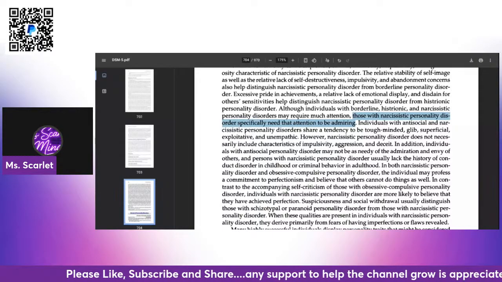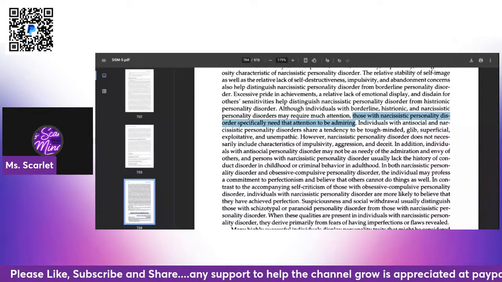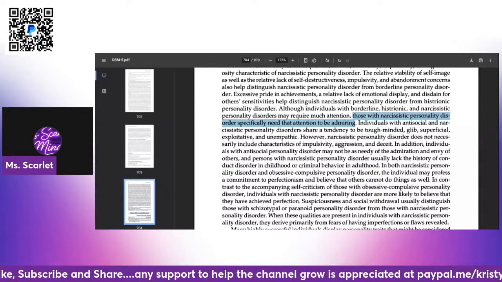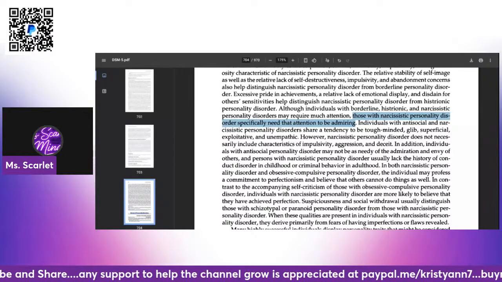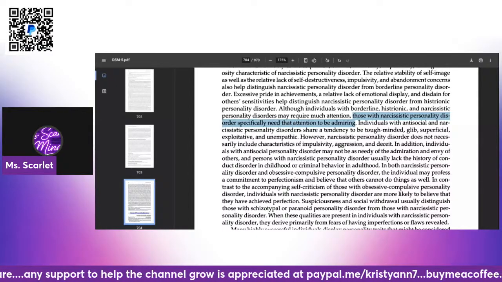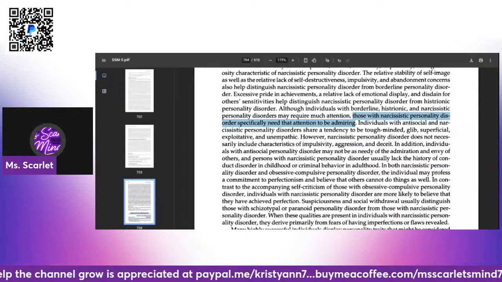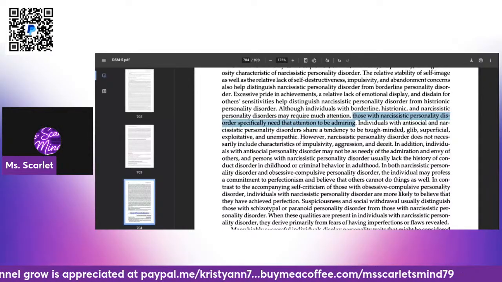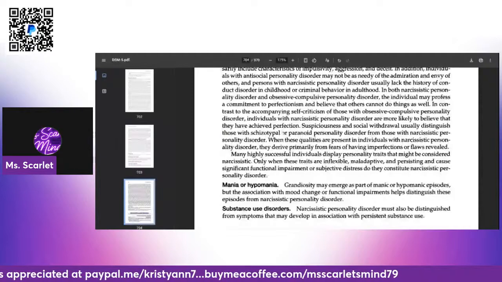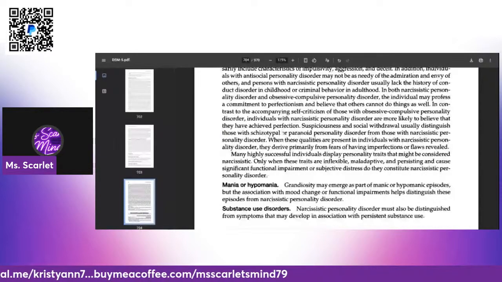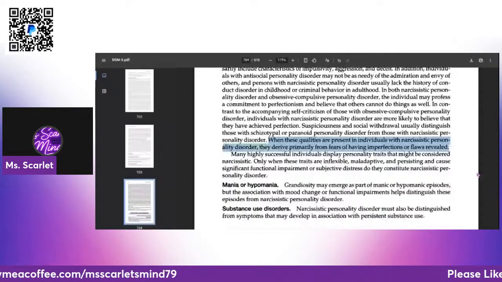Suspiciousness and social withdrawal usually distinguish those with schizotypal or paranoid personality disorder from those with narcissistic. When these qualities are present in individuals with narcissistic, they derive primarily from fears of having imperfections or flaws revealed.